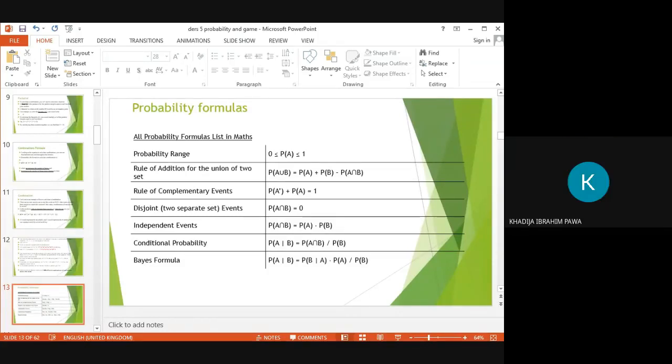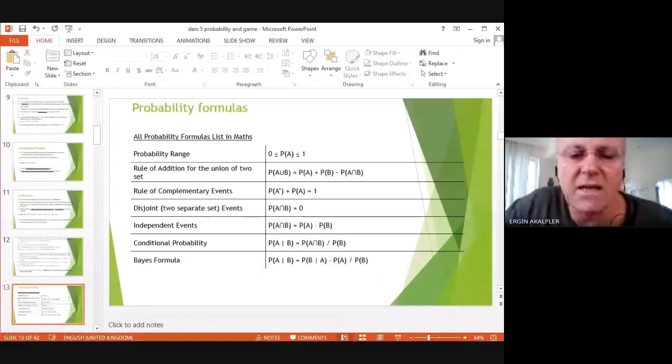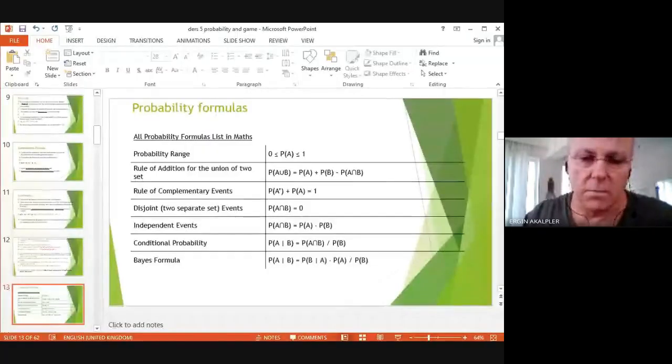And this joint, or intersection, as I illustrated in the former section: if there isn't any intersection, it's disjoint, and the probability is 0.